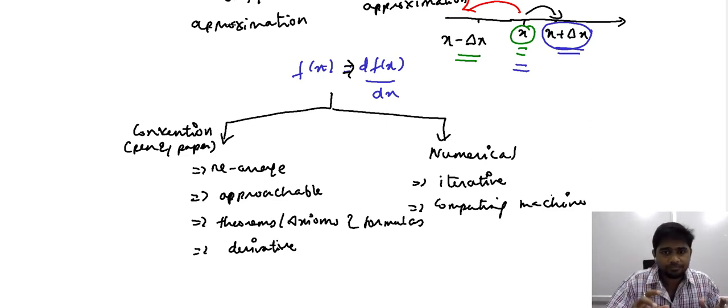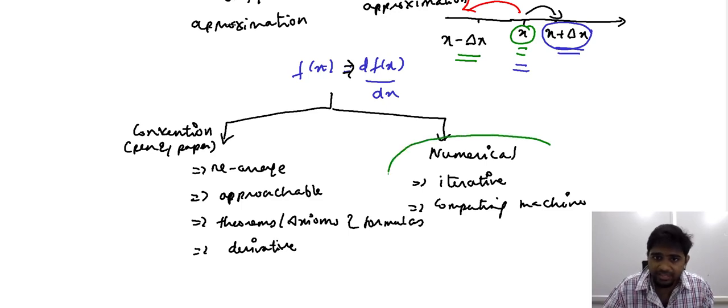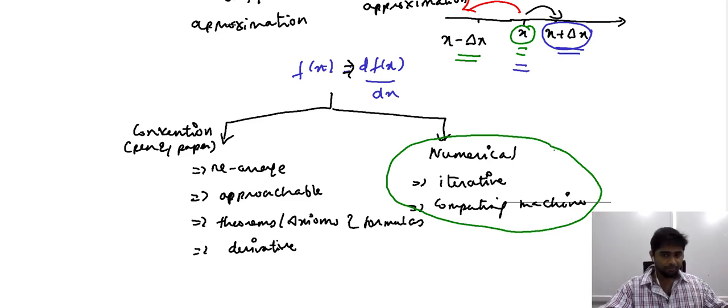So in the framework of materials research, numerical treatment is largely adopted, and we will be spending a considerable amount of time talking about numerical approximations and how it is possible to arrive at the derivative using this numerical treatment.